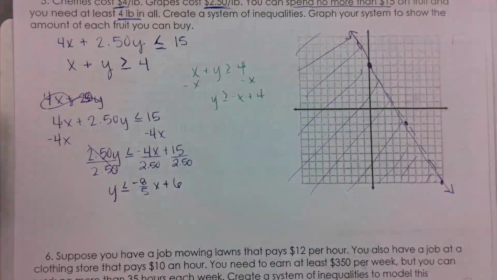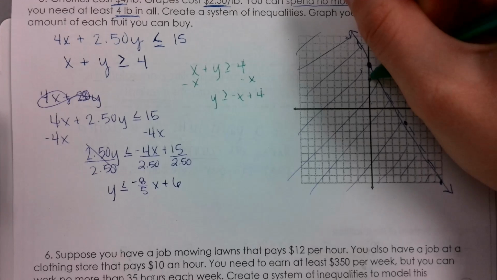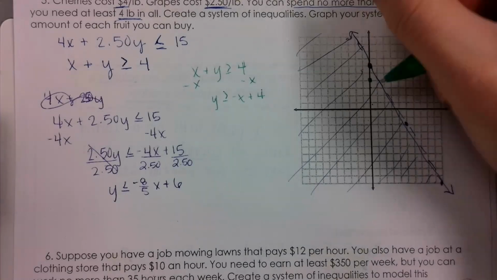So where are we going to start that line? Yes, ma'am, at 4. 1, 2, 3, 4. Thomas, how are we going to count our slope? You got it. Down 1 over 1, over and over.